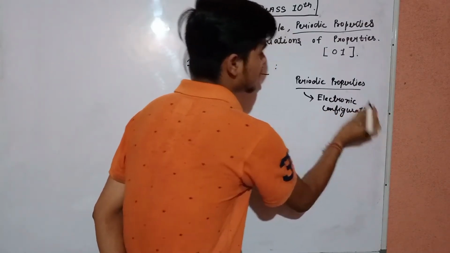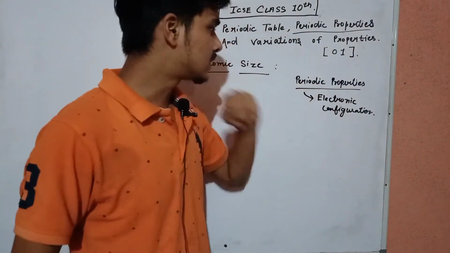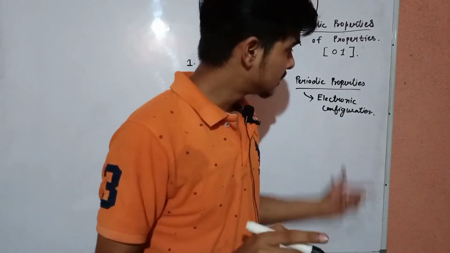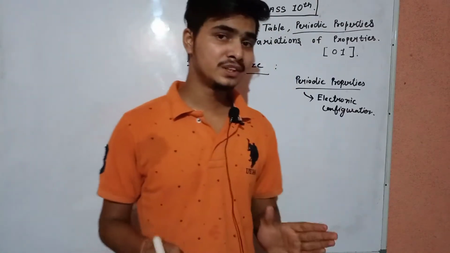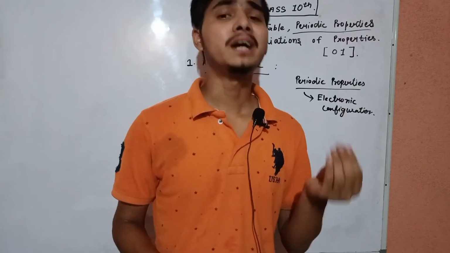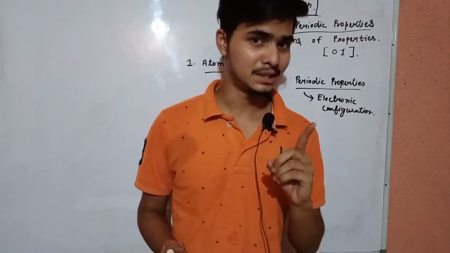So periodic properties are directly or indirectly related to electronic configuration, and I hope each one of you watching this knows what is electronic configuration, and might be able to solve the electronic configuration for at least the first 20 elements.